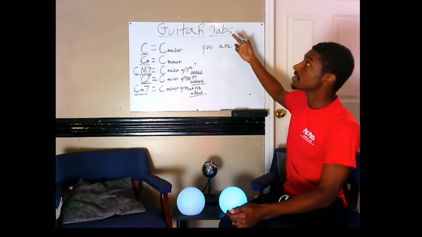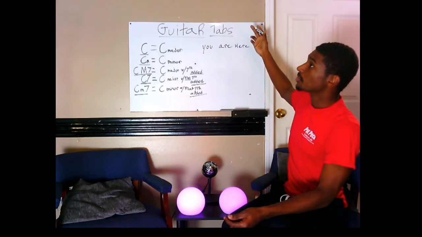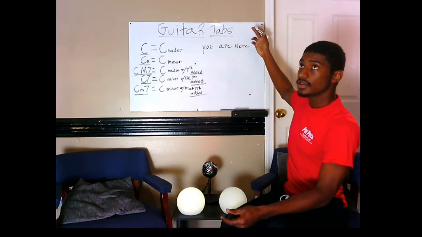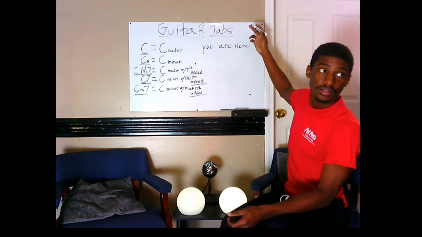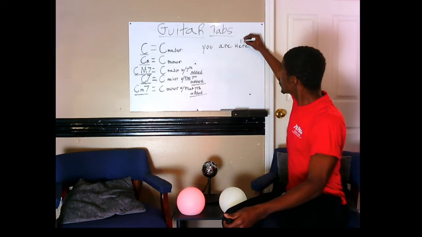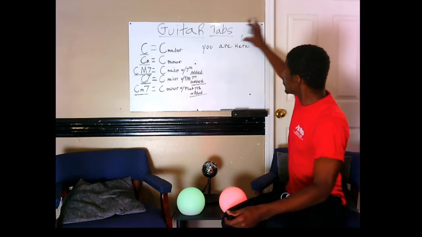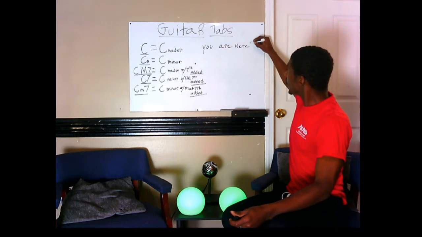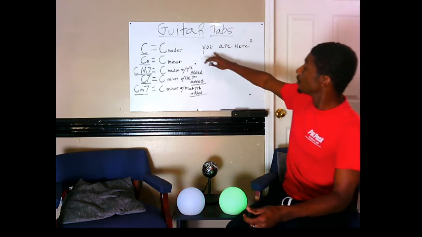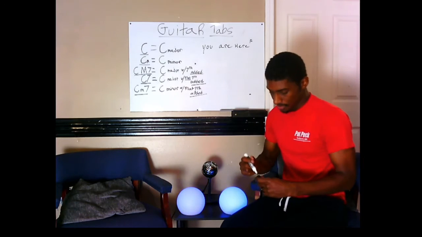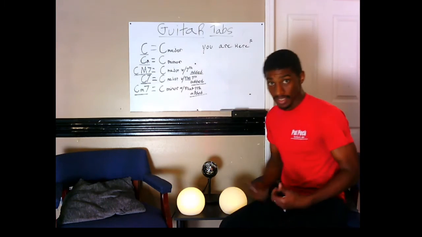For instance, in that song, if we put that song in the key of C, it will be F. Actually, no, it would be a little bit over this way. F. So you'll see the words, and the best way to understand guitar tabs is that the words follow the melody of the song.